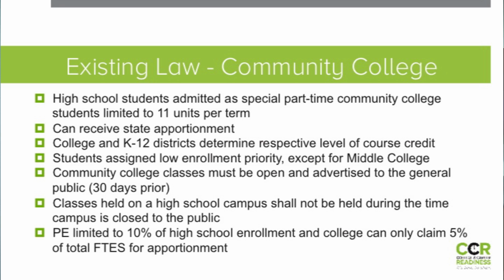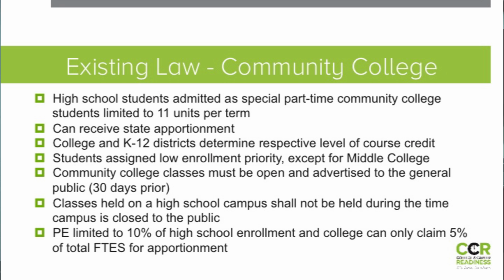If a high school student goes through their high school day, they complete all of their coursework, their 240 minutes, and then they take a college course, then the college can receive apportionment on that student. But something to consider, however, is colleges and high schools don't receive funding in the same way.